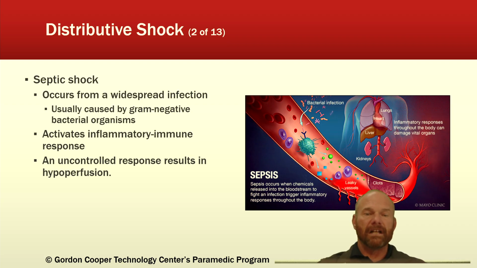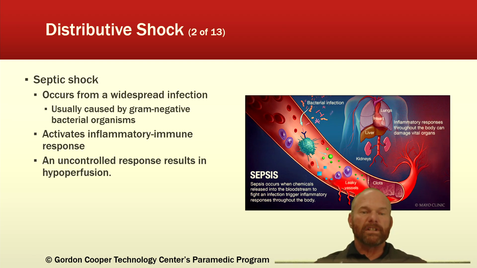So there's lots and lots of reasons for this, commonly caused by gram-negative bacteria, but it can be from gram-positive, but it's commonly from a gram-negative. Fungi, viruses, lots of things when someone gets sepsis, essentially infections.